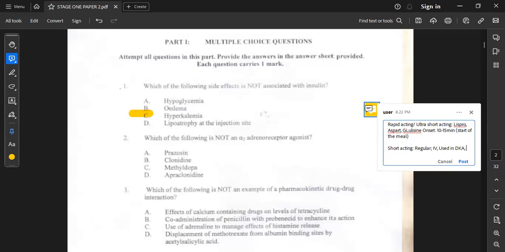Onset is 30 minutes. Injected 15 to 30 minutes before a meal.